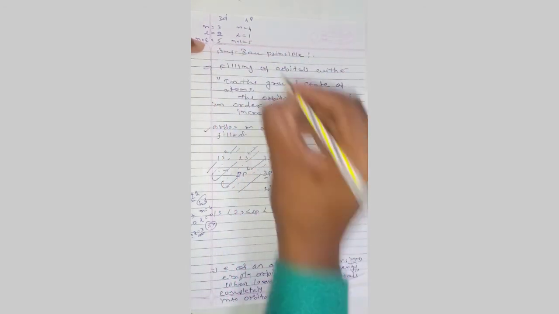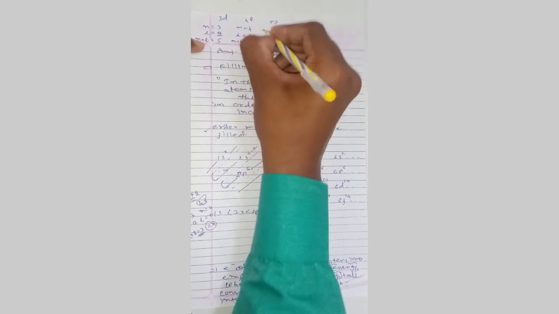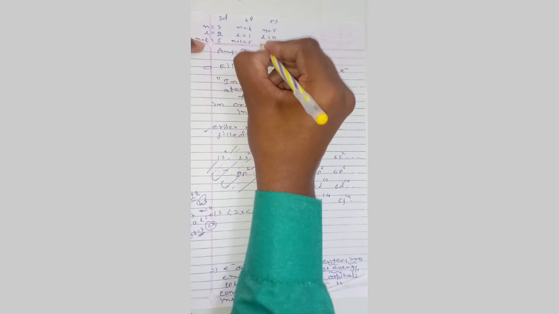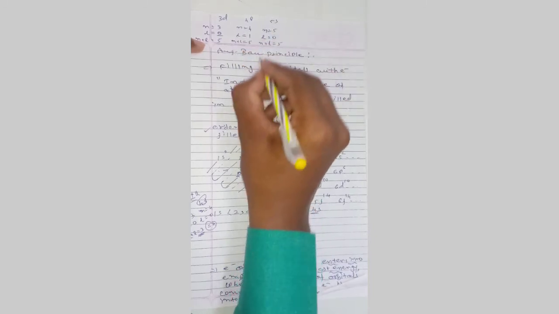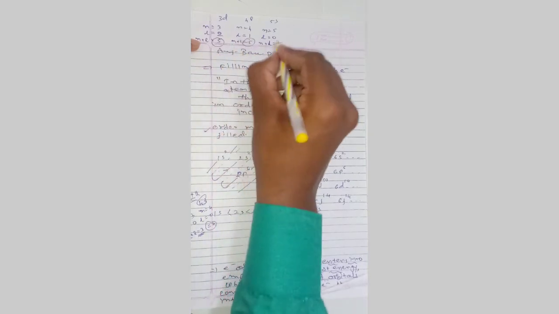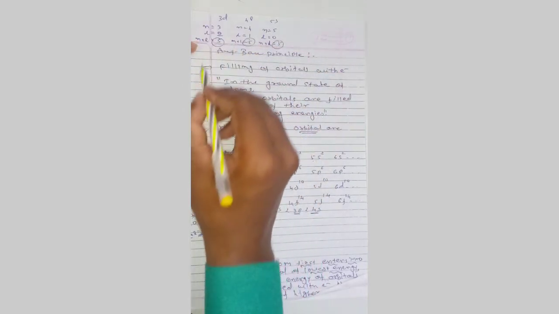And then after 5s, n equal to 5 and l equal to 0, that's why n plus l equal to 5. So they have same value of n plus l.